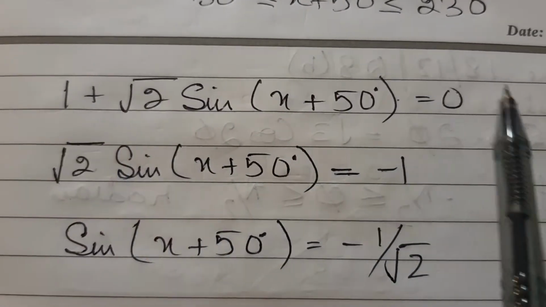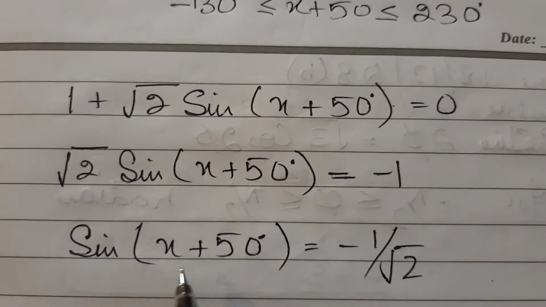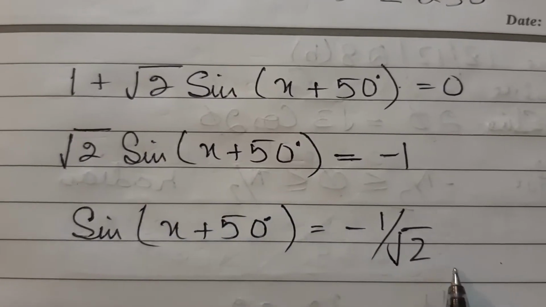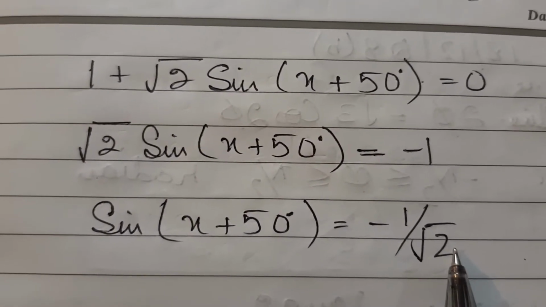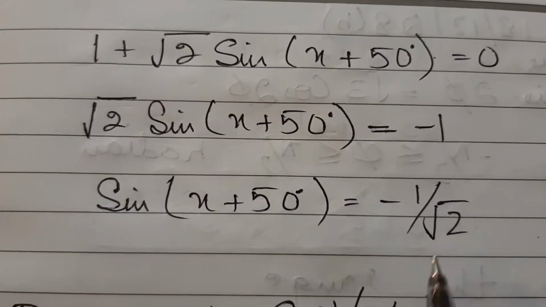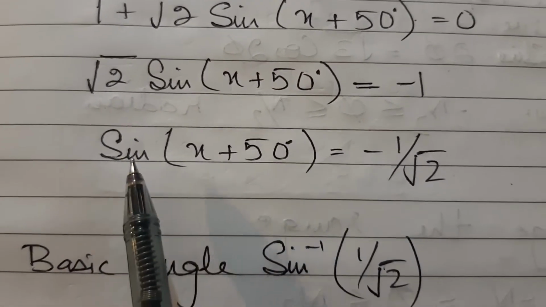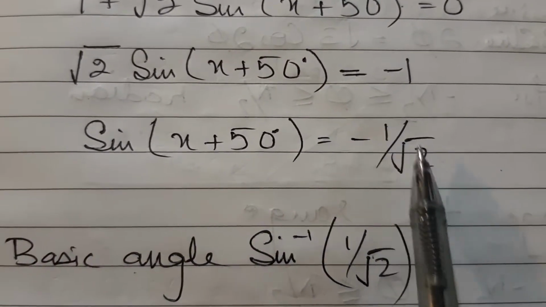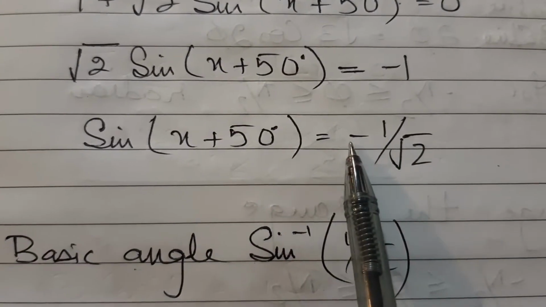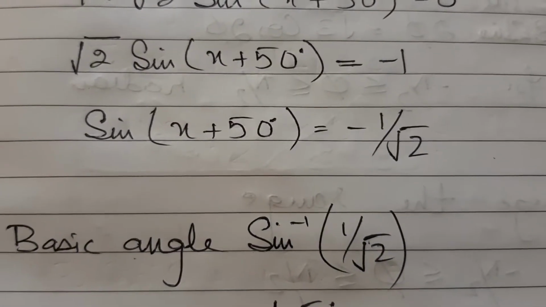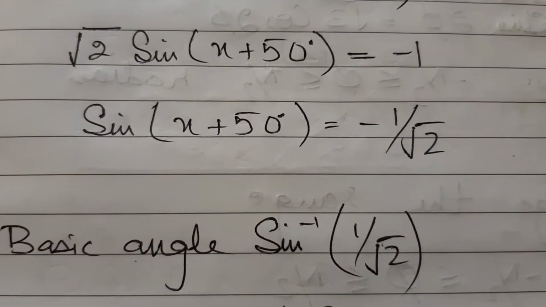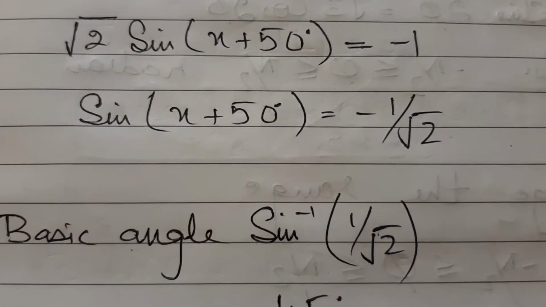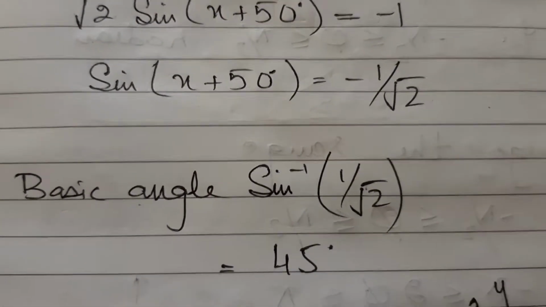So I'm taking minus 1 to this side and then root 2 underneath, just like a basic algebraic operation. Then my basic angle will be sine inverse 1 over root 2. This minus sign is giving me the hint that my angle will be in the third and fourth quadrant, right?